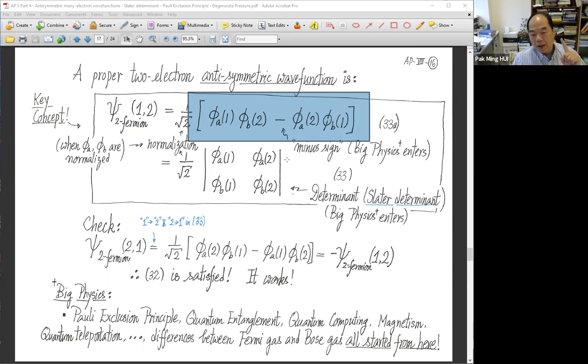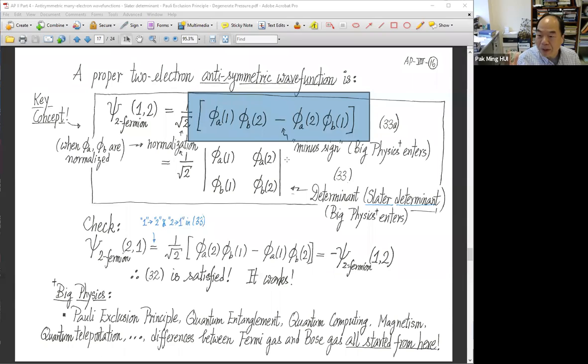Okay. Now, actually in quantum mechanics, a good rule to keep in mind is that if you don't know anything, don't say it. Now here is one realization.